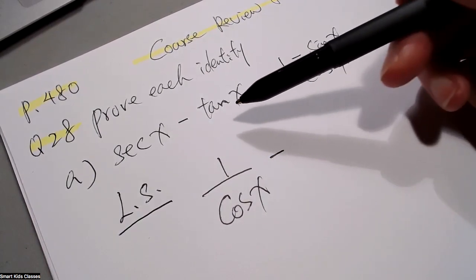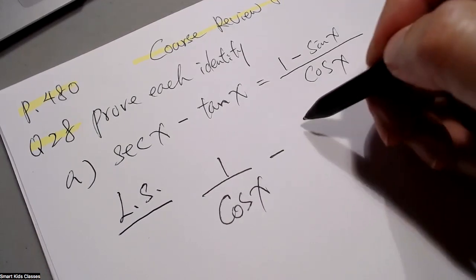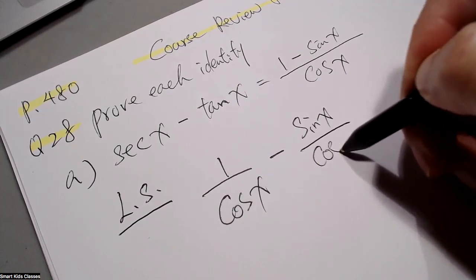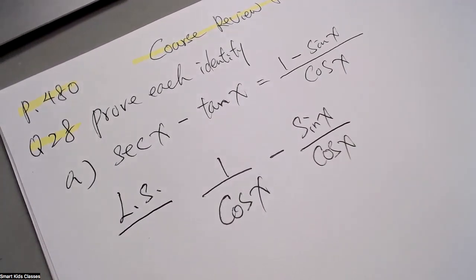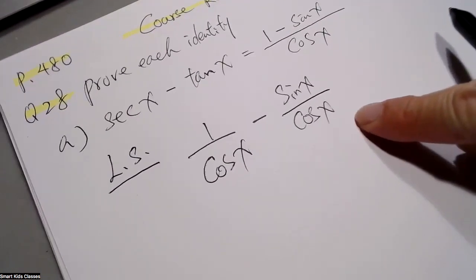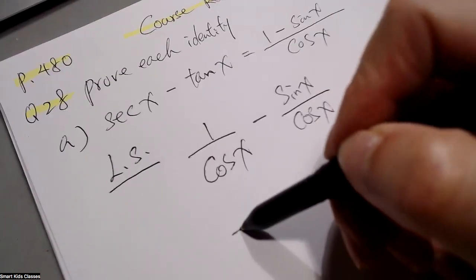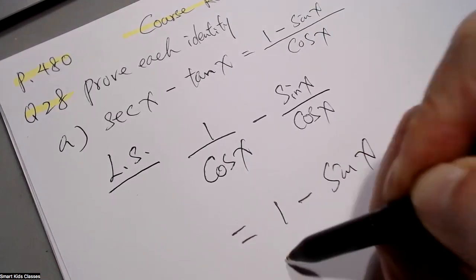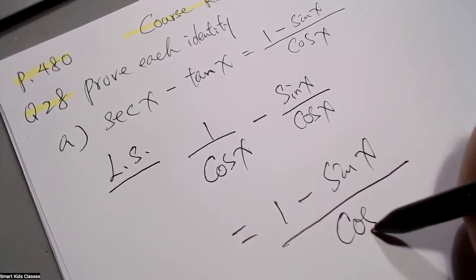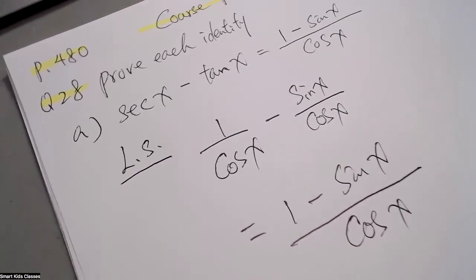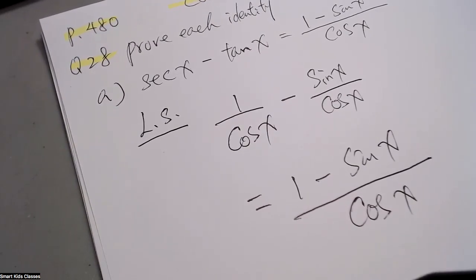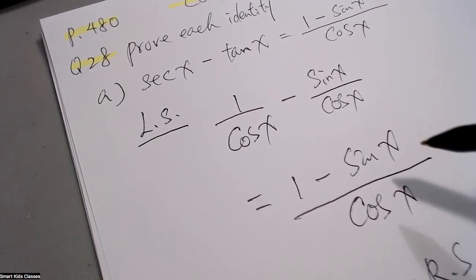I'm going to write it as a fraction, so we get the same denominator. Now we subtract. It's (1 minus sine x) over cosine x. Therefore, left side equals right side.